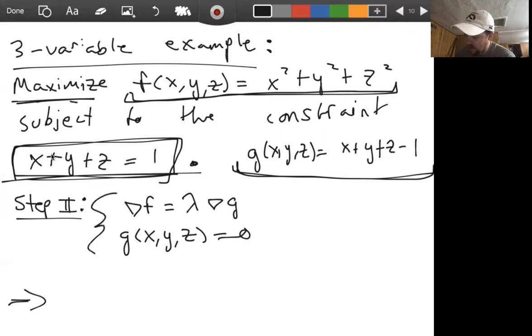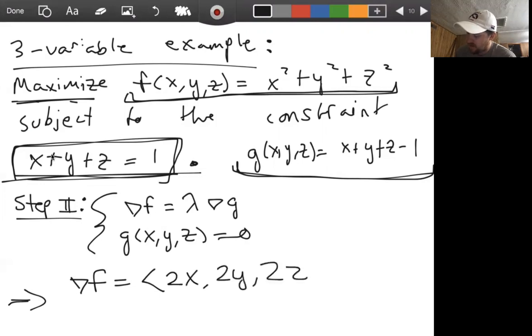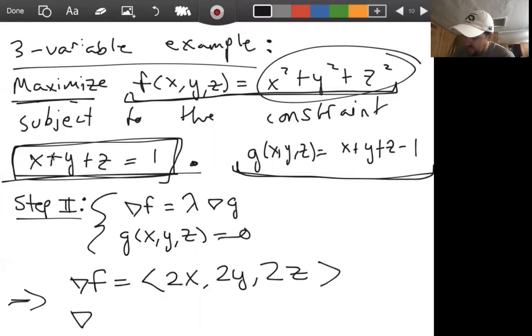The gradient of f is going to be (2x, 2y, 2z), right? Because you take all the partial derivatives of f. And then for the gradient of g, we look at g up here and we see we're going to get (1, 1, 1) for our gradient.